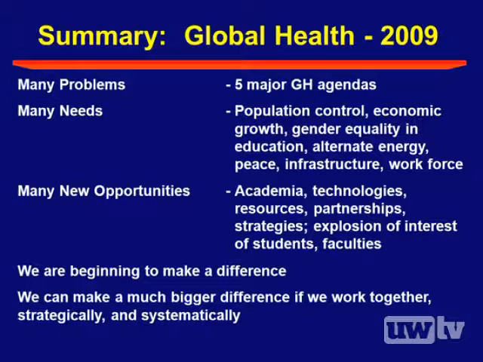The new opportunities in academia, technologies, resources, partnerships, strategies, and interest of students and faculties are very exciting. We are beginning to make a difference, and we can make a much bigger difference if we work together strategically and systematically, and that's what I'm encouraging.